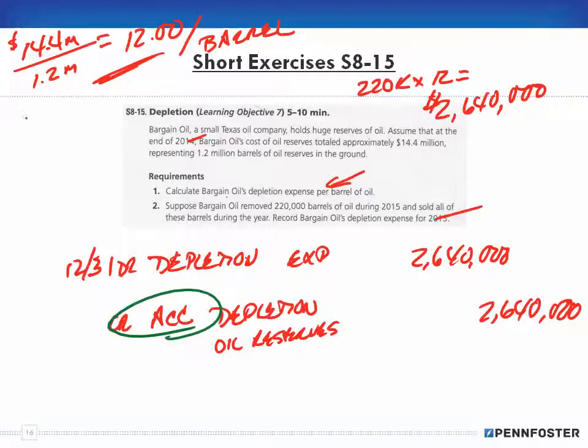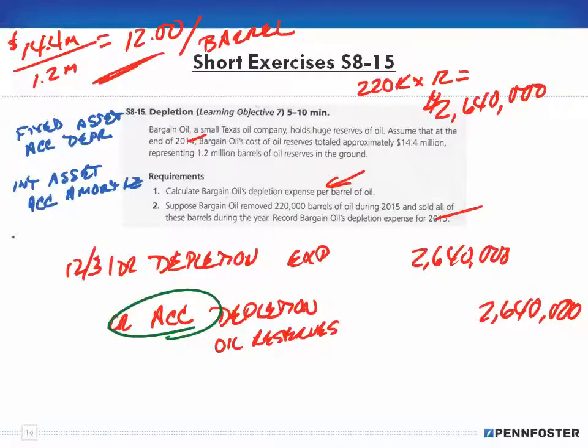So just as a quick aside for the end of this video, you're going to have your fixed asset, whatever that is, a truck, computer equipment, furniture, and then you're going to have accumulated depreciation. For an intangible asset, you should have the contra accumulated amortization account. And for a natural resource, you're going to have an accumulated depletion account.